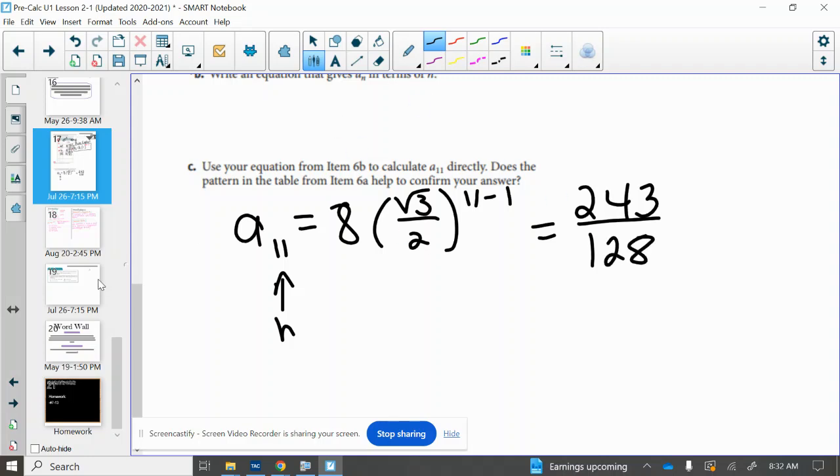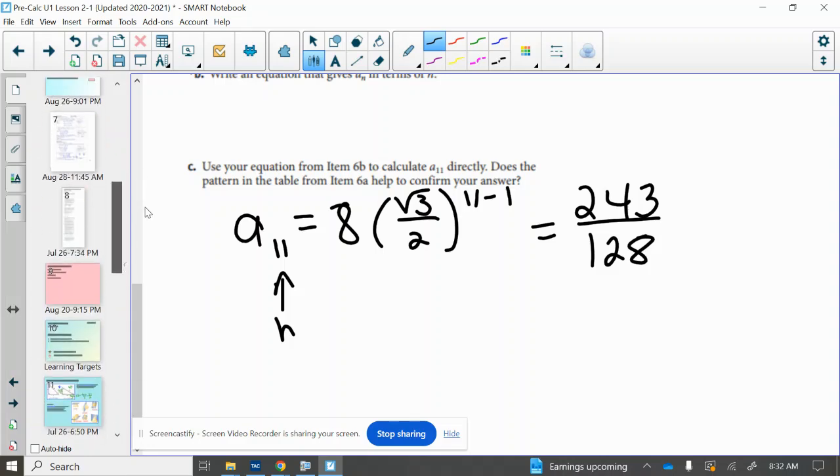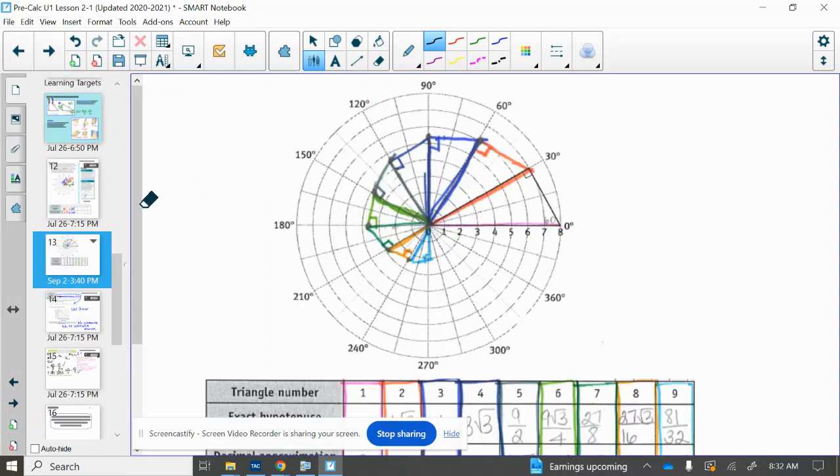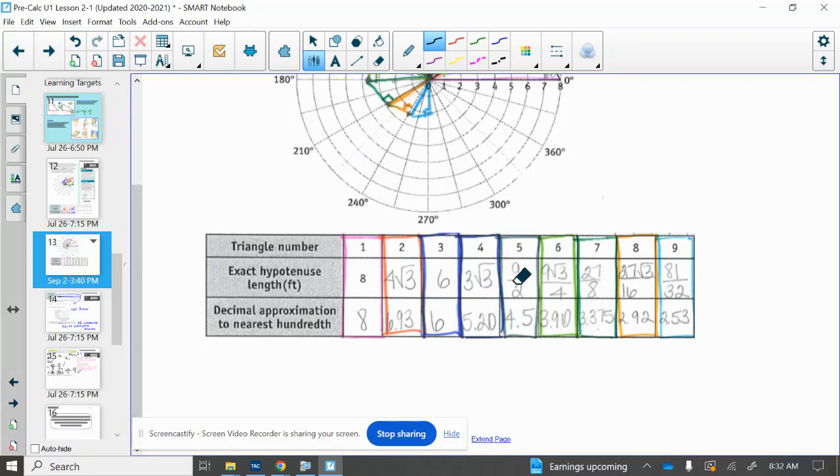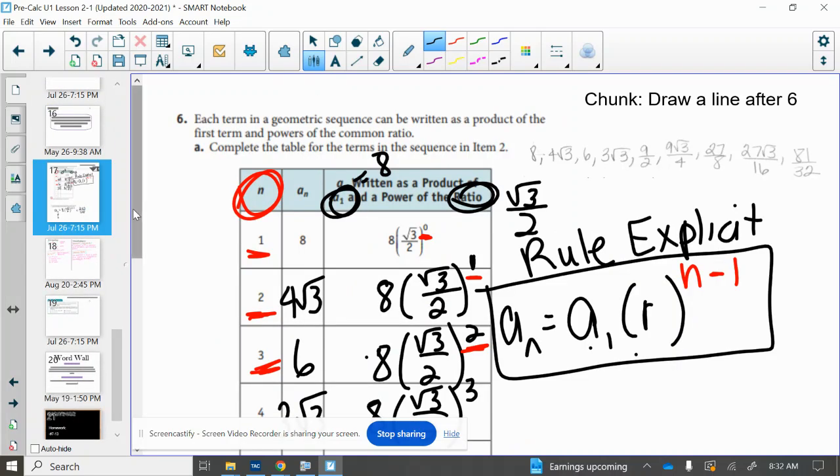Which is kind of making sense with our pattern. If we go back to what I had filled in, you notice that every other one ended up being that fractional value as well. So that answer definitely can make sense for the context of our situation.